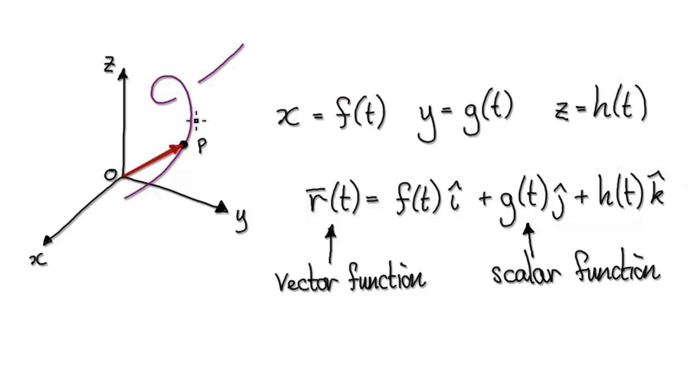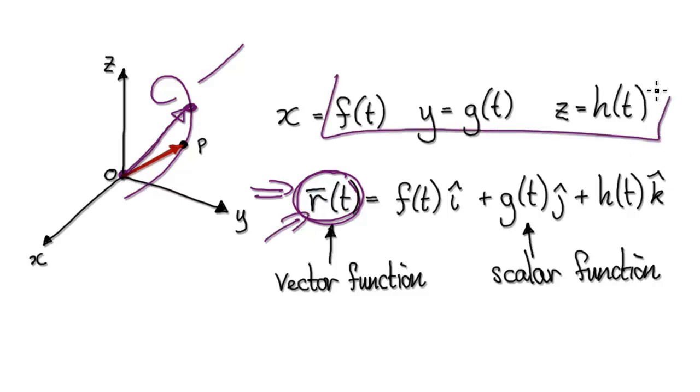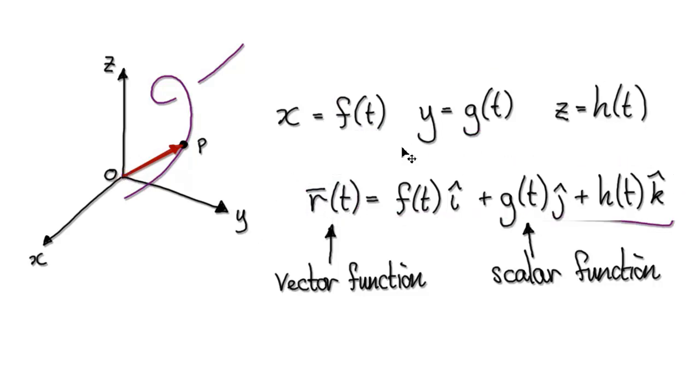Okay, so as the particle is moving along here, when you work with vector functions, you've got to think of it as the movement from here to here. So it's really the vector. Remember, a vector is the movement from one place to another. This is the location. So you actually move. So when given this, you've got to think of it as this.